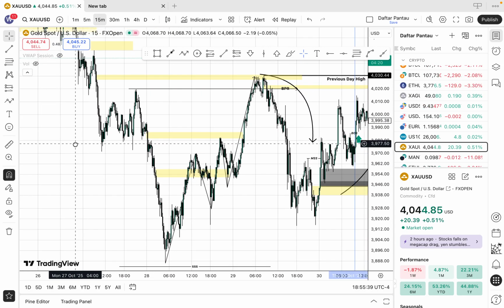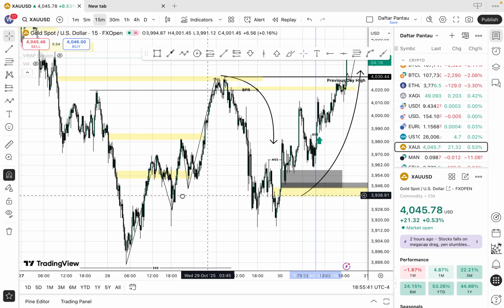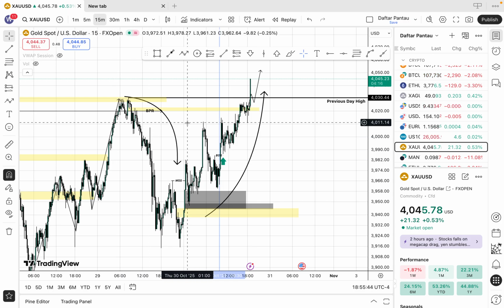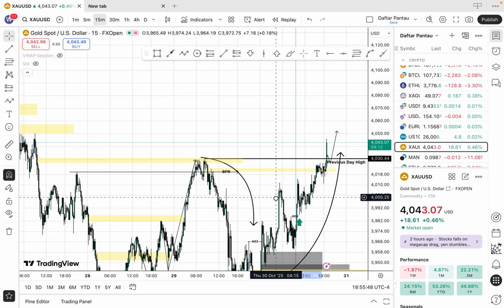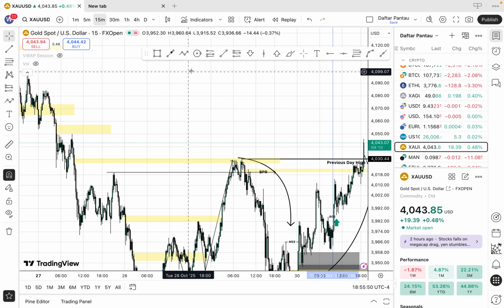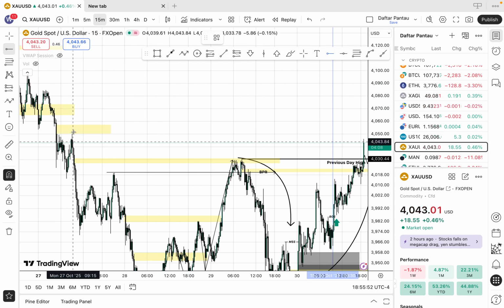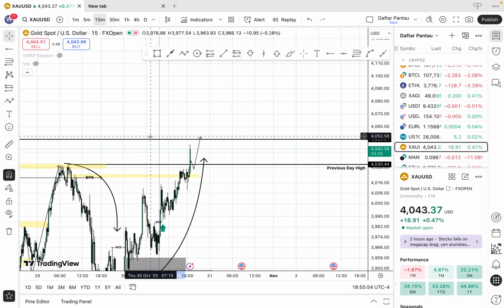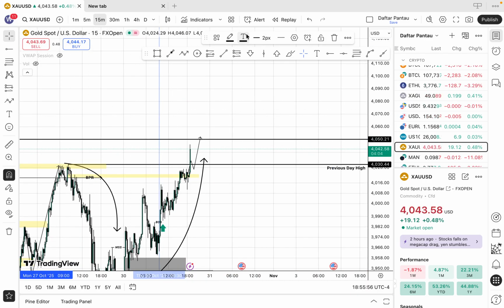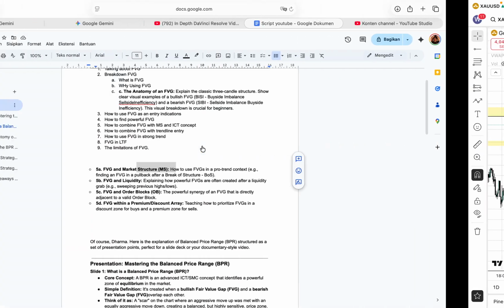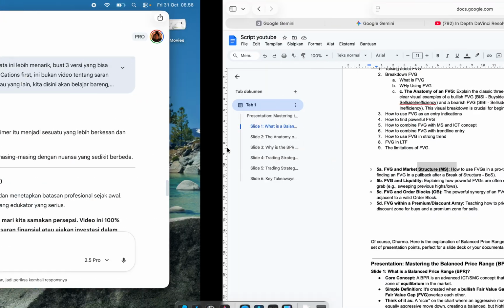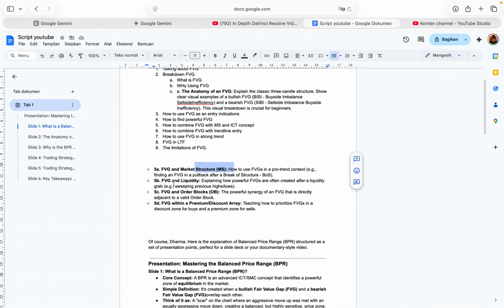That's simple. Well, not that simple, but you need to wait for the moments where the price is ready. Okay, so yeah, I've covered it.